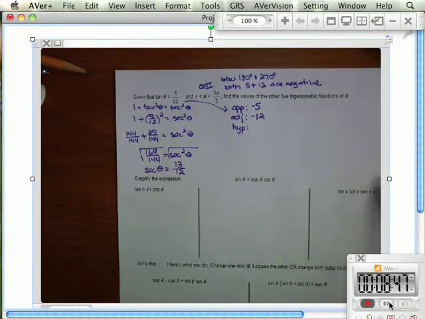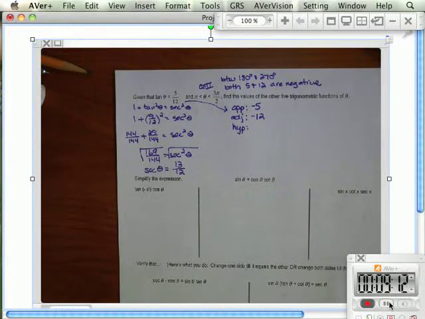Now, we have to think about this. One of them is negative, and you're getting ahead of me. Secant goes with what? Cosine, correct? Cosine is adjacent over hypotenuse, so secant is hypotenuse over adjacent, and we know our adjacent has to be what sign?